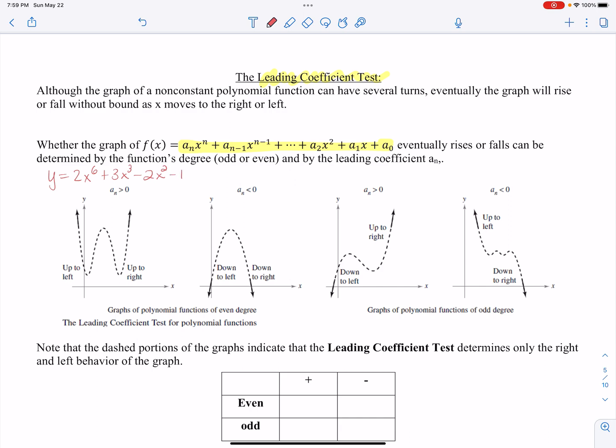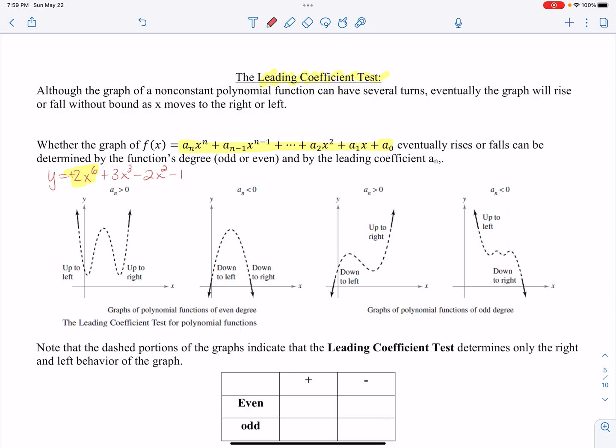I can graph it in more detail with all of that, but the leading coefficient test means you're just looking at this first term. I see that it is even, the highest power is even, which means both ends are going to go up. The fact that this coefficient here is positive tells you both ends are going to go up, up to the left, up to the right.